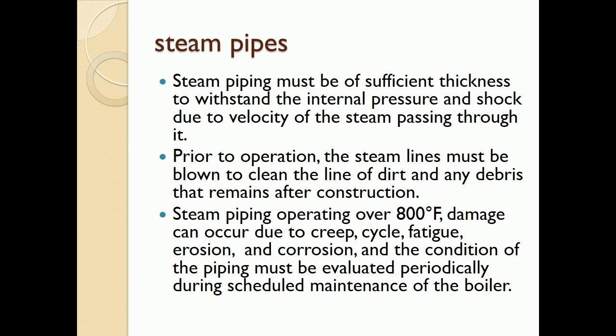During every startup, the steam lines must be thoroughly emptied of water to prevent water hammer, which can severely damage these pipes. For steam piping operating over 800 degrees Fahrenheit, damage can occur due to creep, cycle fatigue, erosion, and corrosion, and the condition of the piping must be evaluated periodically during scheduled maintenance of the boiler.